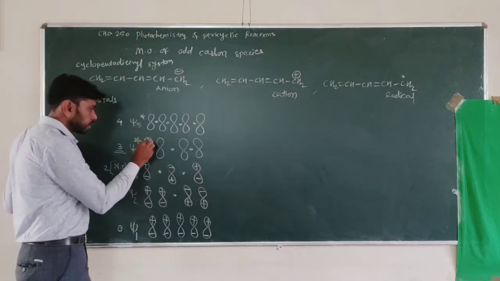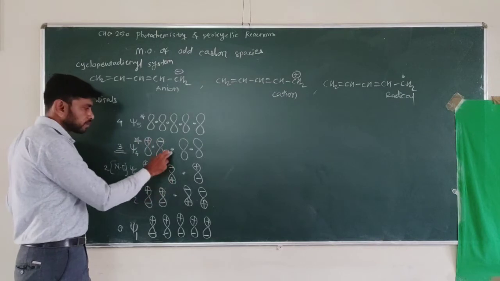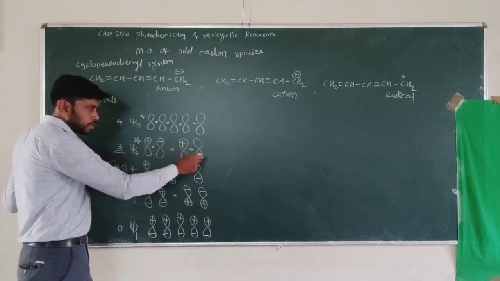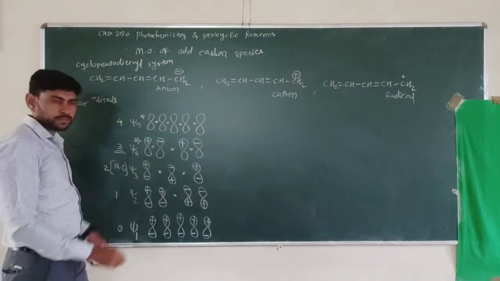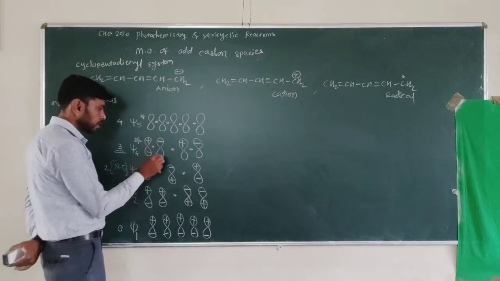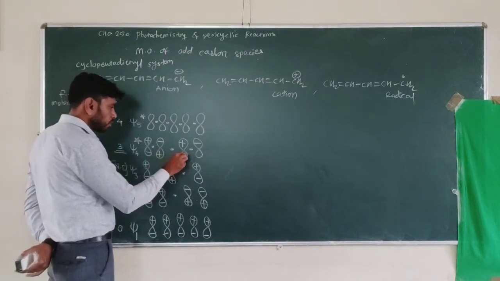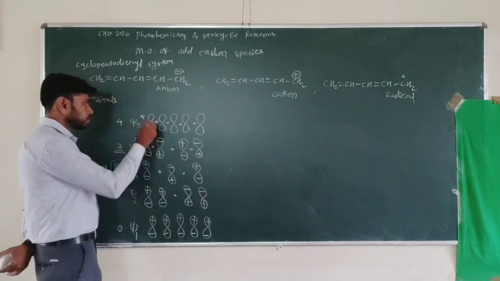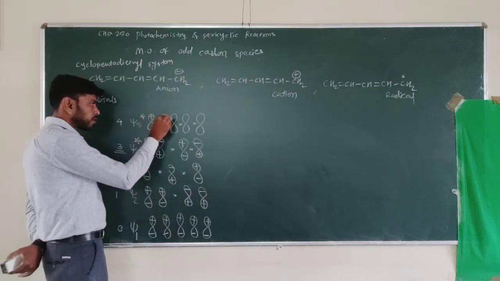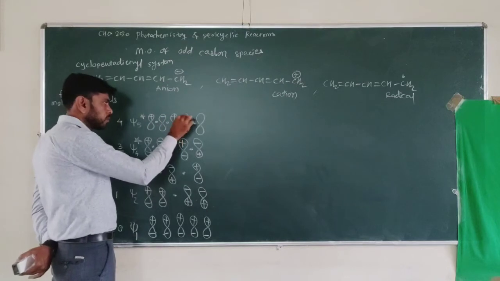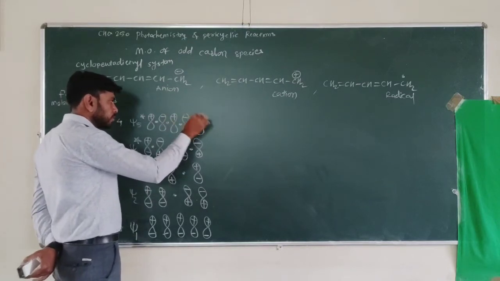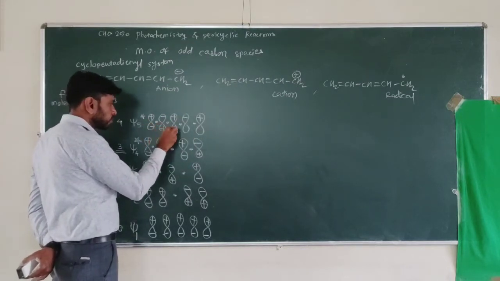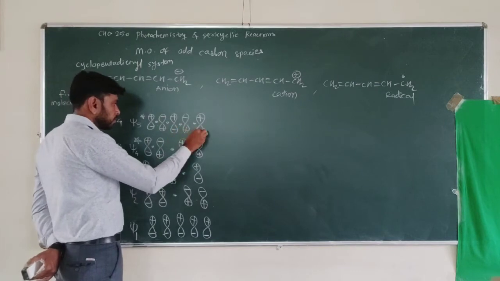Here plus, minus, plus, minus. Then here again plus, after a node minus, and after a node plus again. So plus, minus, plus, minus, plus. Opposite signs we have to write for the other, starting with minus.